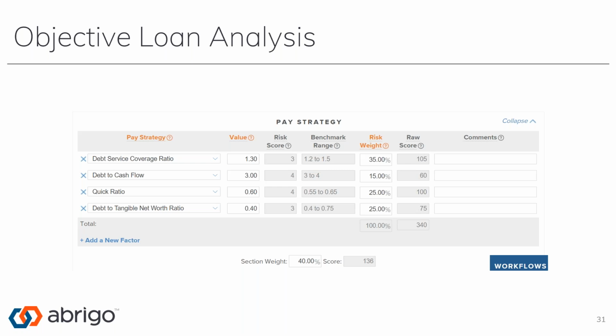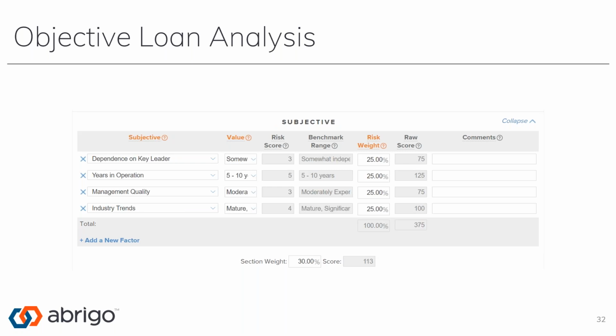Based on your loan grading scale, you get somewhere between a 1 and a 9, and then you're going to weight it, right? This is just a weighted average loan grade. And here, once again, I added 4 ratios for my pay strategies. This section is going to equal 100%, and I'm weighting this whole section 40%, and I'm going to score it. You can go to the next slide, Thomas.